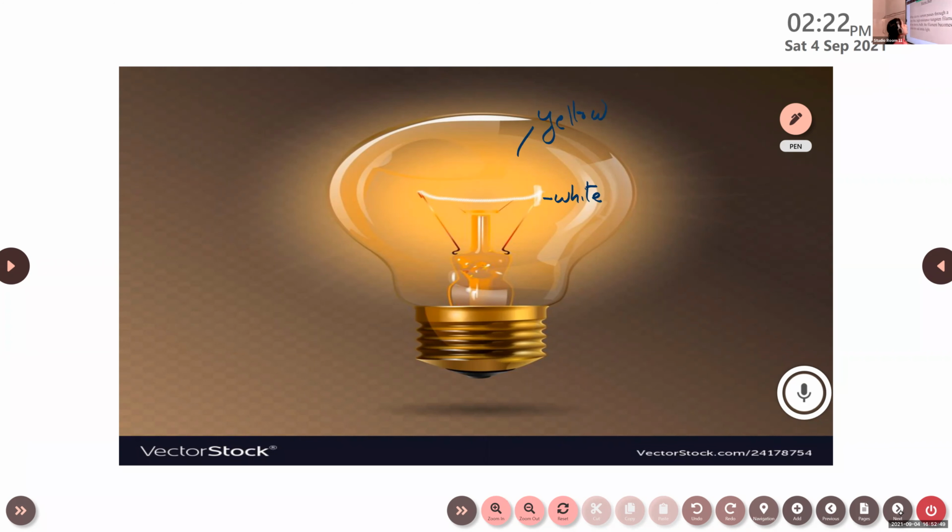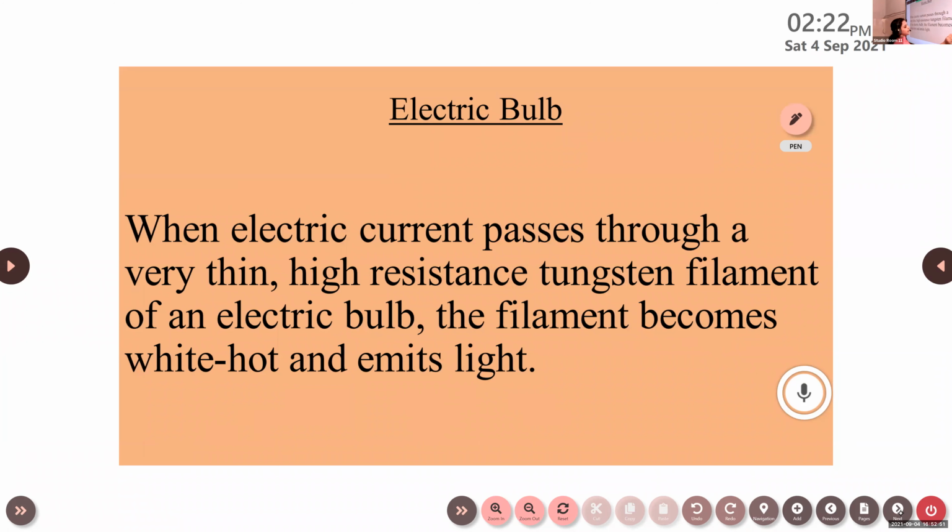So now let us see how this electric bulb works based on Joule's law of heating effect of electric current. When electric current passes through the very thin, high resistance tungsten filament of an electric bulb, the filament becomes white hot and it emits yellow light.